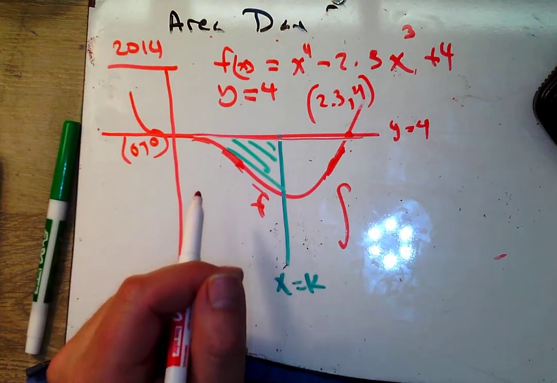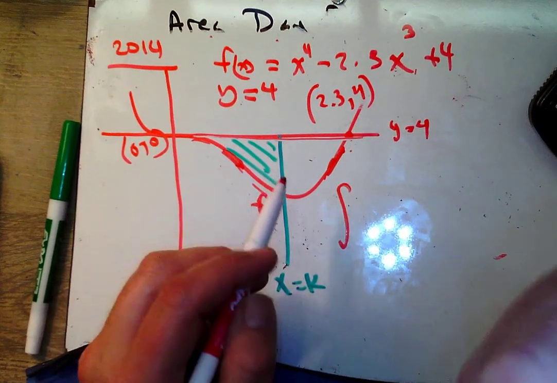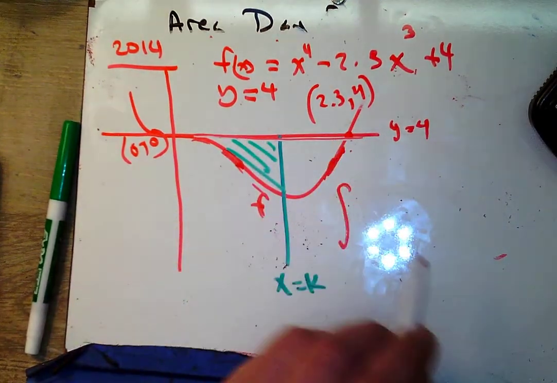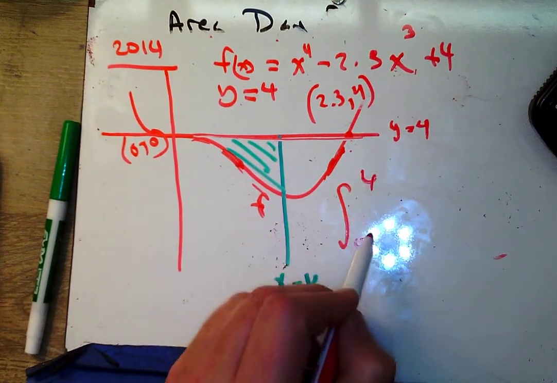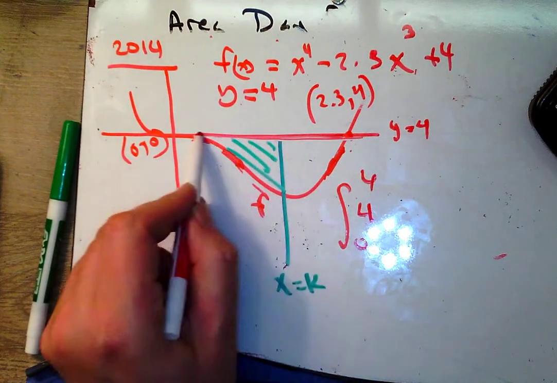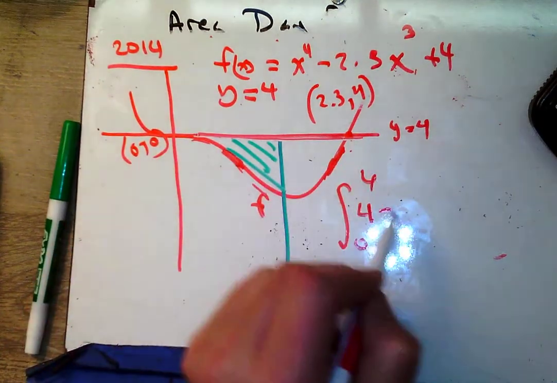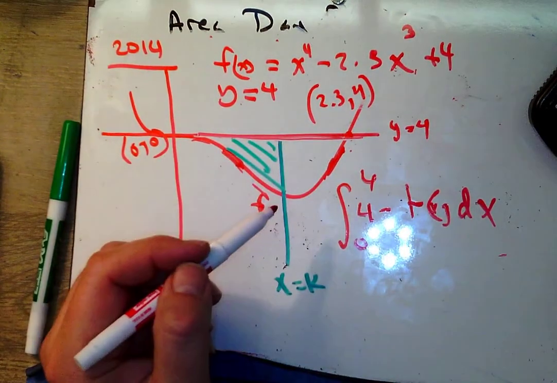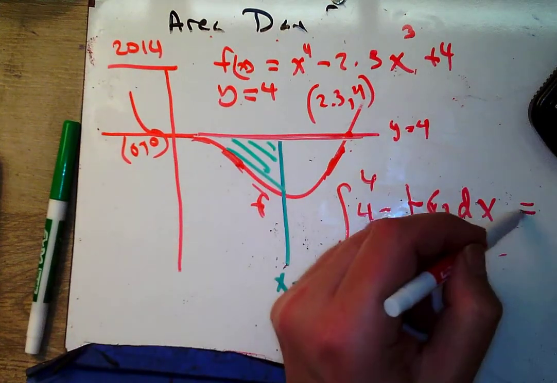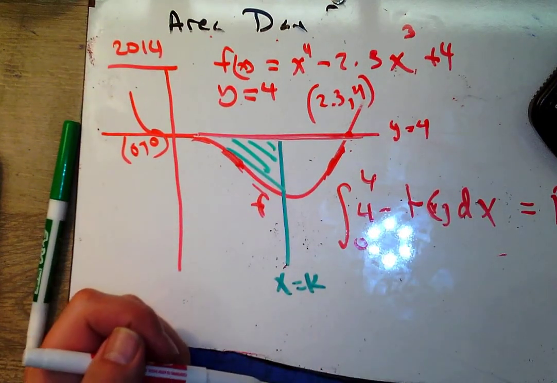So I kind of don't want that. So let's do this top minus bottom. We're going from 0 to 4 of 4 top minus bottom dx. That's the whole area. That's the area for R. Okay.